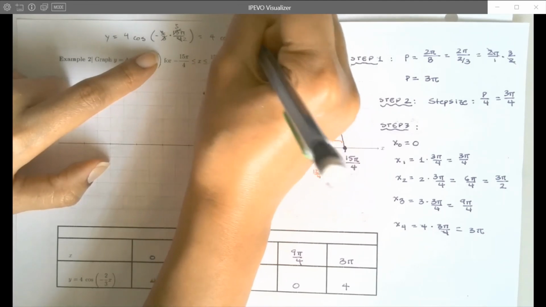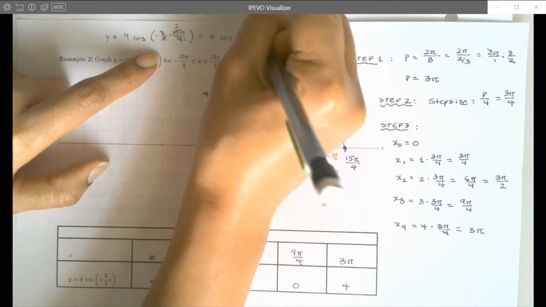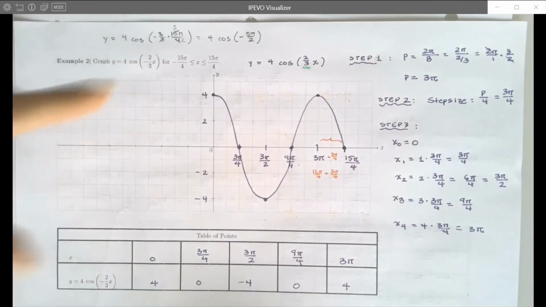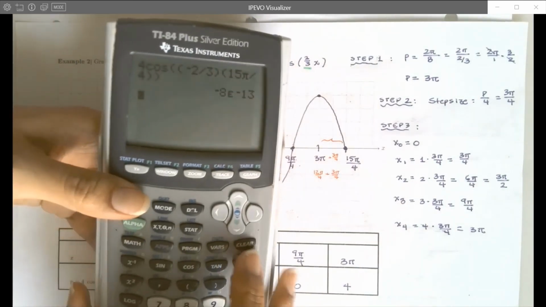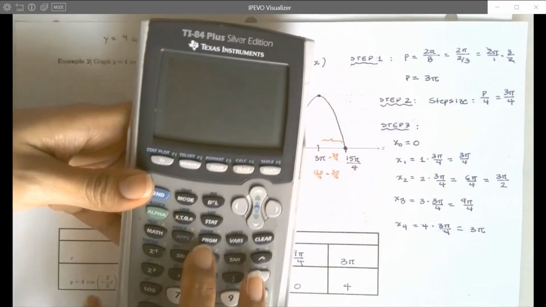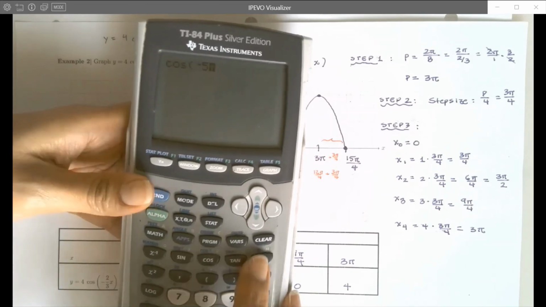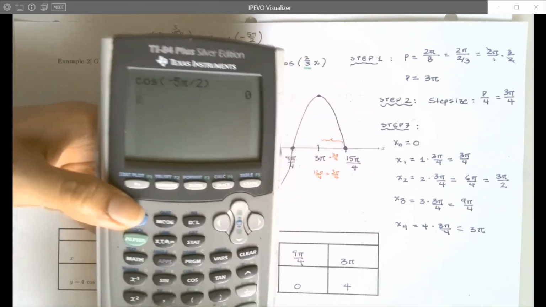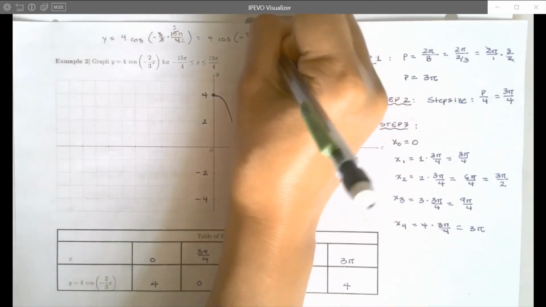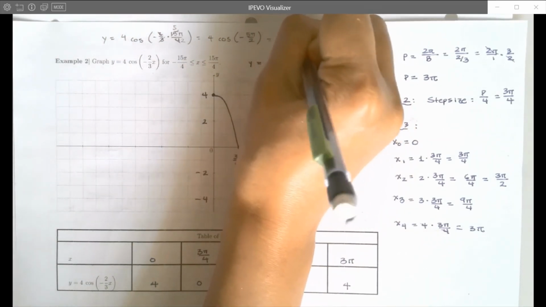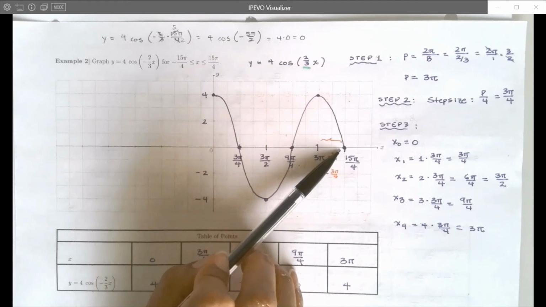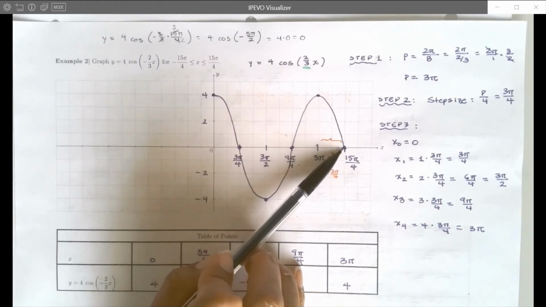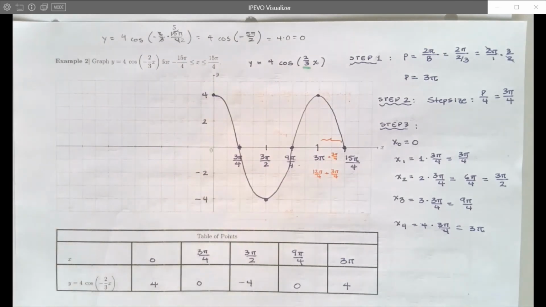So we get -5 pi over 2. And if we look at what is cosine of -5 pi over 2, that's going to be 0. So we're going to get a 4 times a 0, which is simply 0. Okay, so that confirms our suspicions that at 15 pi over 4, we're going to go down to 0.